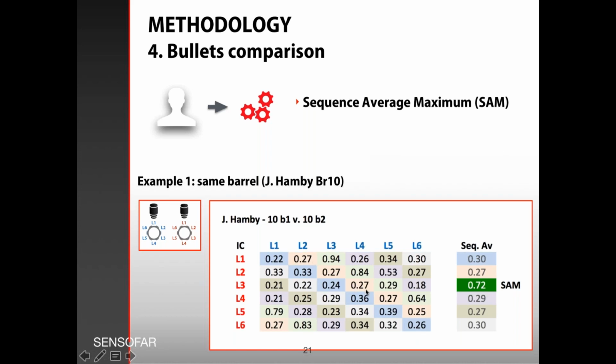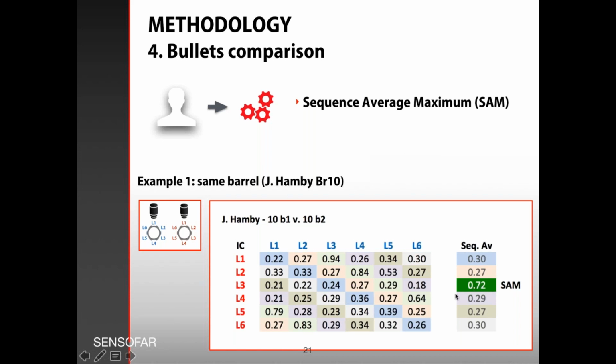Then we compute the average of the second possible sequence, which is these 5 values plus this one here. And this is also 0.27. Next one is the green one, and this has most of the values in the sequence high. So the mean is very high. So we do that for all the possible phases that are 6, and we take the maximum of these averages.